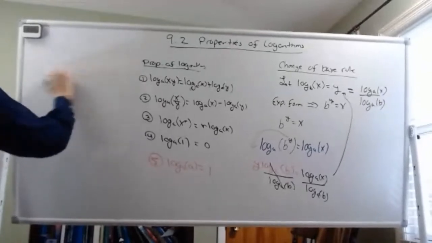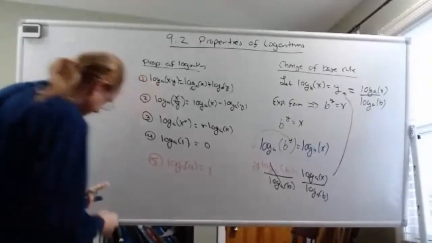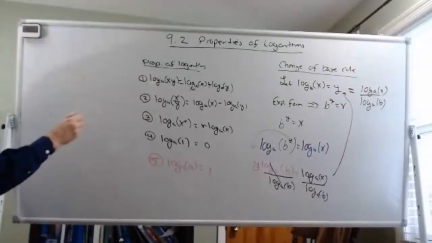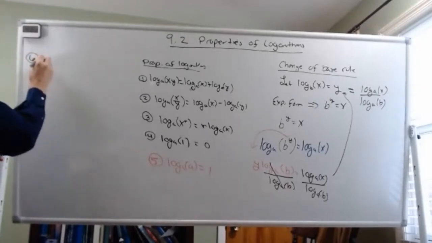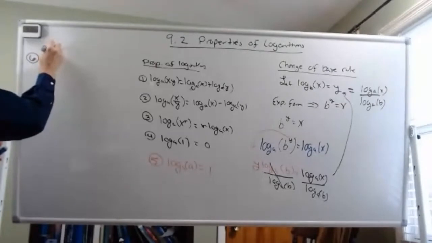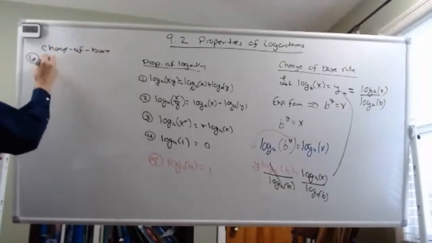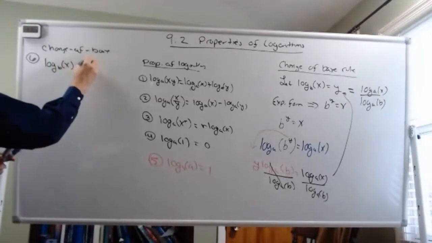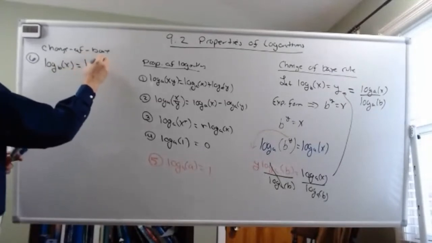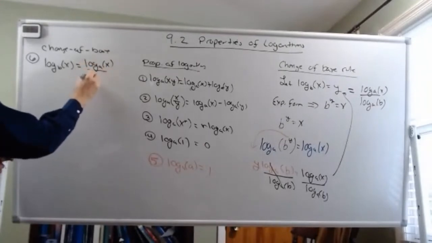Okay, so I have the following. This now gives me my sixth rule for my logarithms, which is the change of base rule. And this tells me the log in the base b of x is equal to the log in the base a of x over the log in the base a of b.